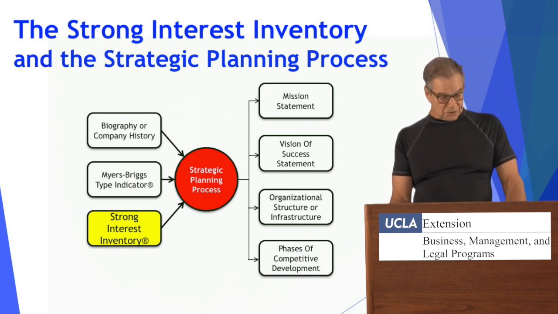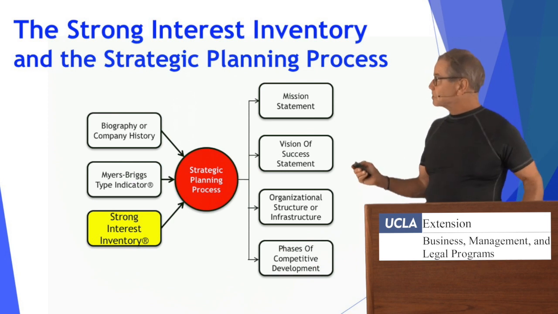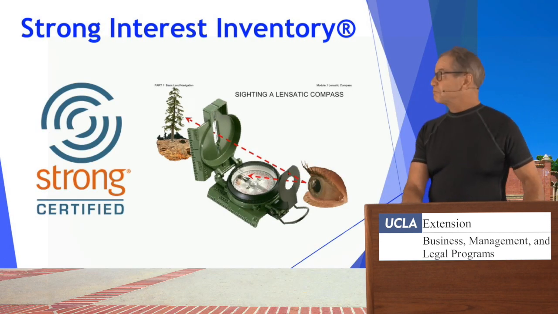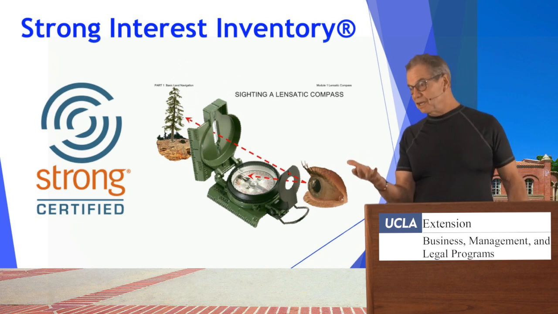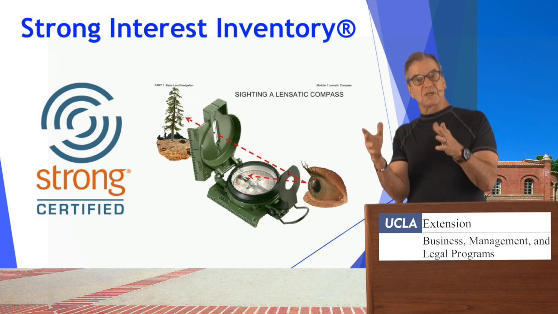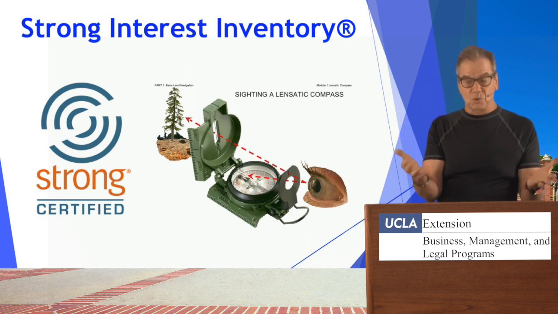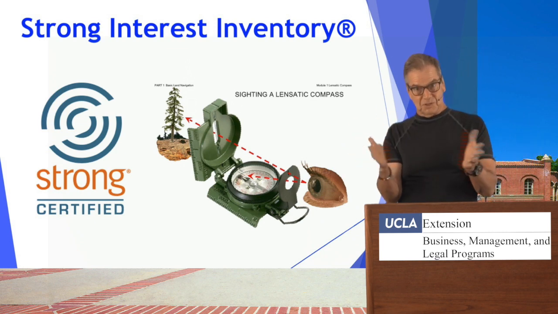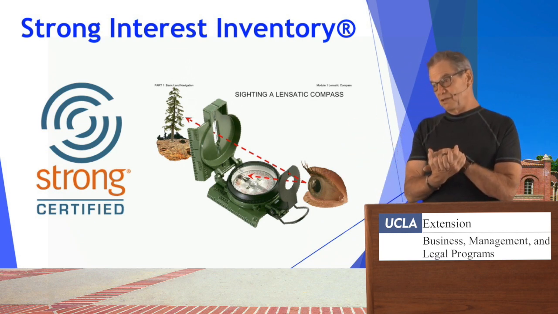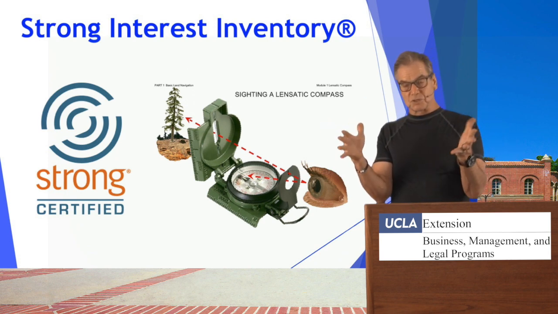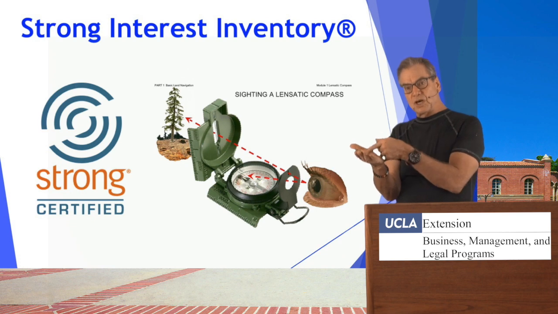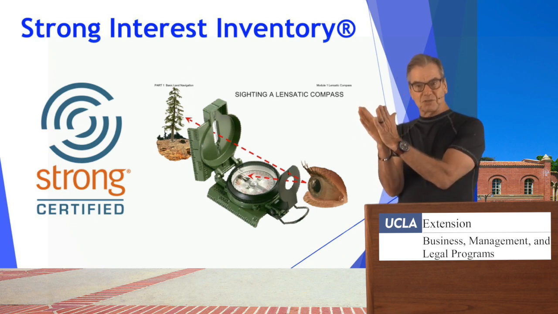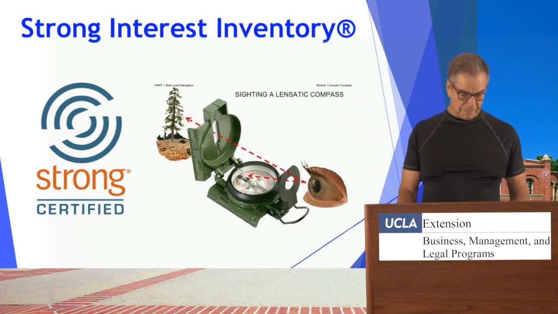The Strong Interest Inventory is an instrument that very much functions like a compass. If there's 360 degrees of careers or economies in the professions and industries within the marketplace, it helps us, from a compass standpoint, narrow it down to 4 or 5 degrees so you get at least pointed in the right direction.